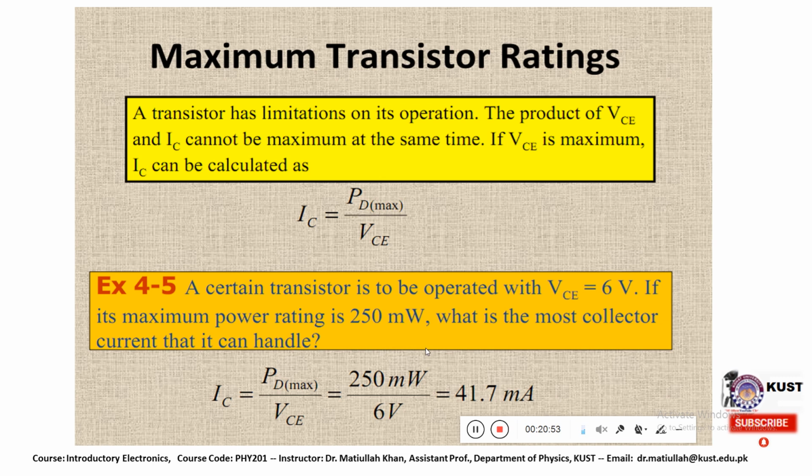Putting in the known values, we can find the unknown quantity. 250 milliwatt divided by 6 volt is equal to 41.7 milliampere. So this is something about the circuit use of the BJT transistor.